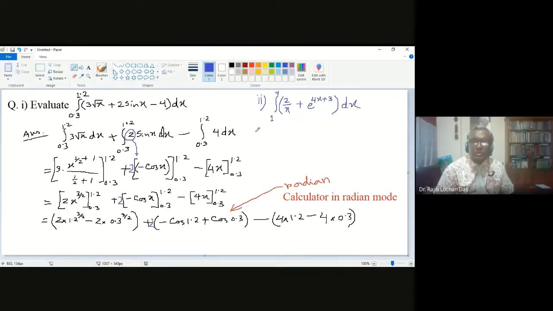Another example. So what you will do, you do the separate parts. In this case, it is not mandatory. If you are expert, if you can do it mentally, then without separating you can directly write the answer.